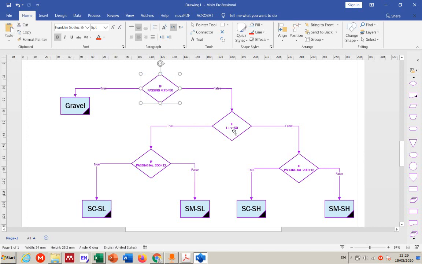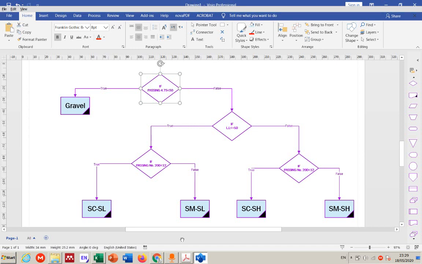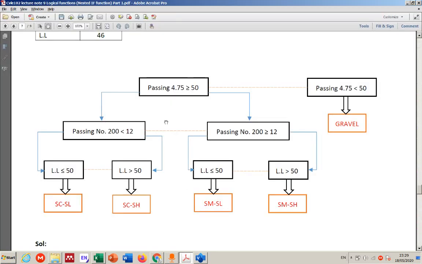Instead of following this way, I jump to this. I combine those because this is the same rule, so I can combine those two together and use this one under them.